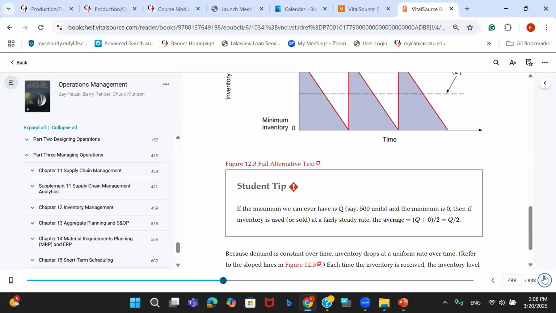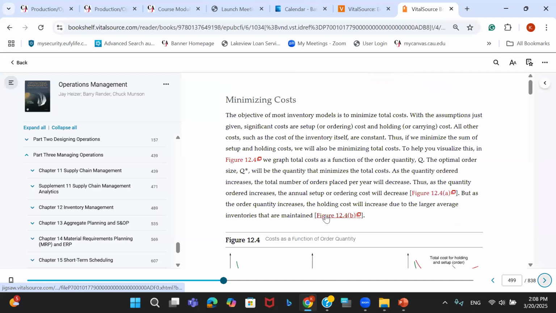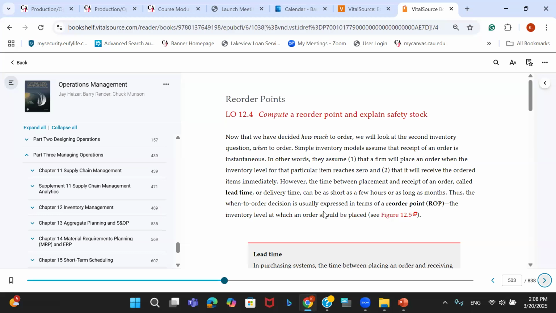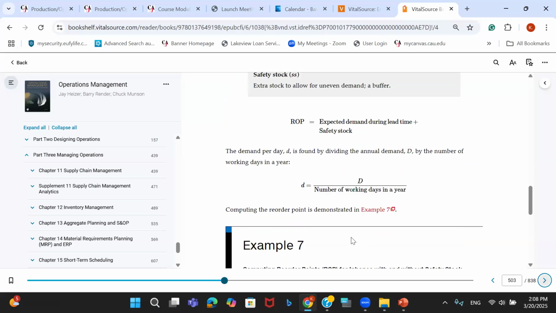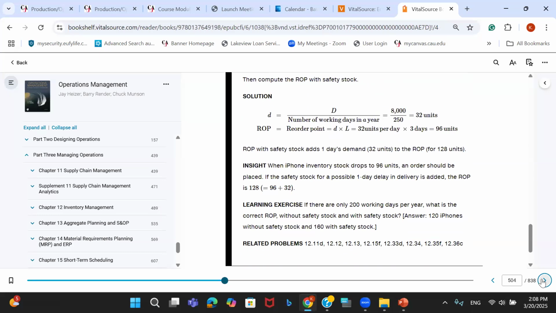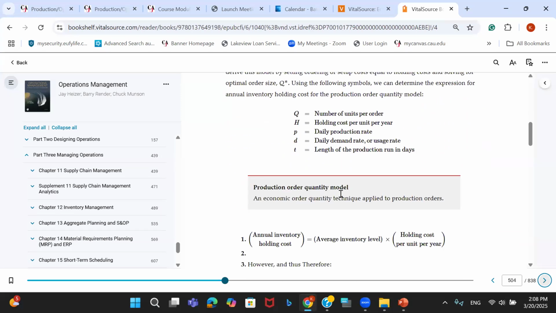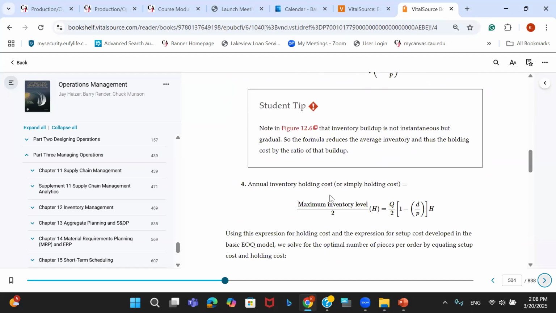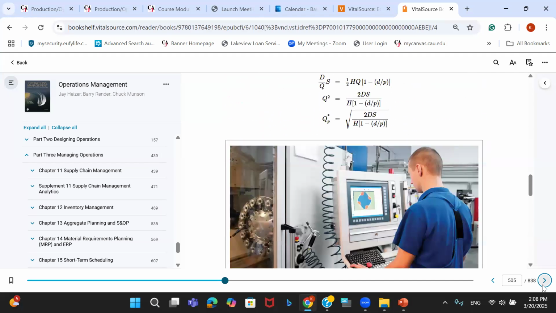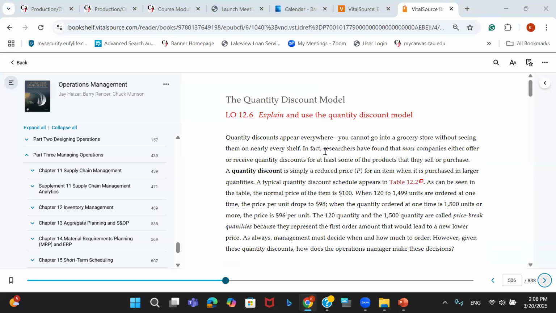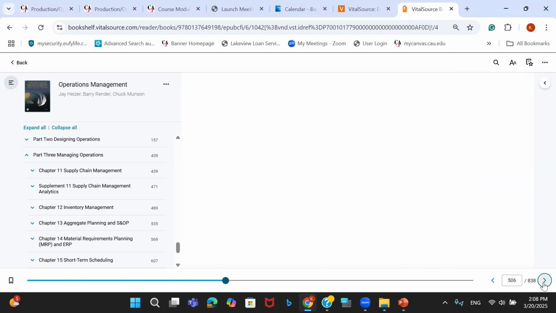That's the EOQ model here, the reorder point. This is the production quantity model, which we just covered.